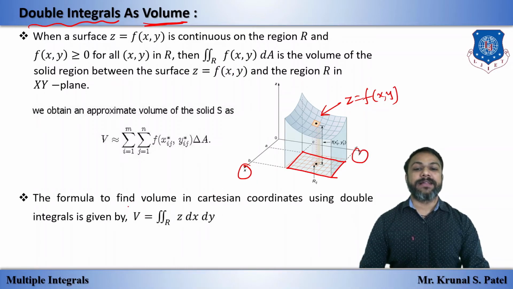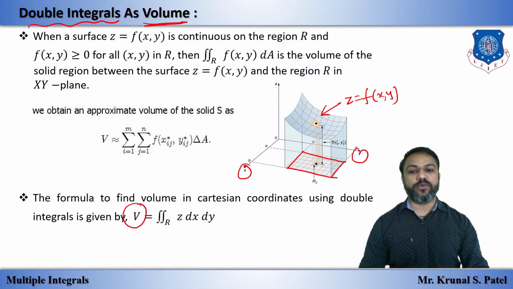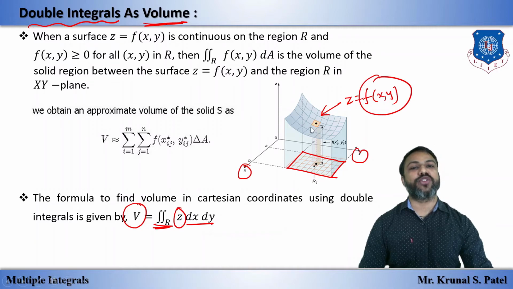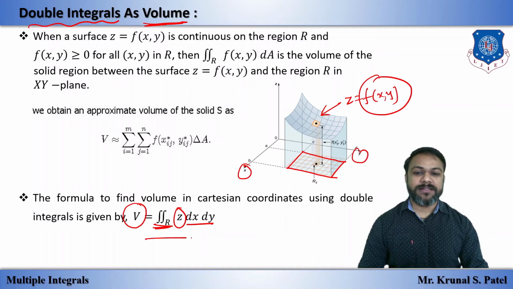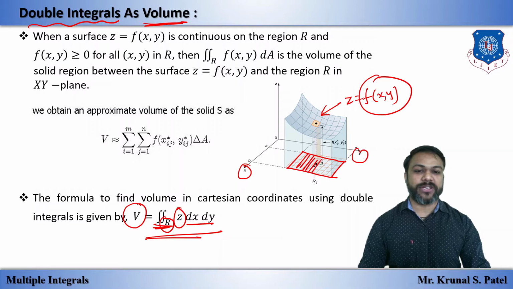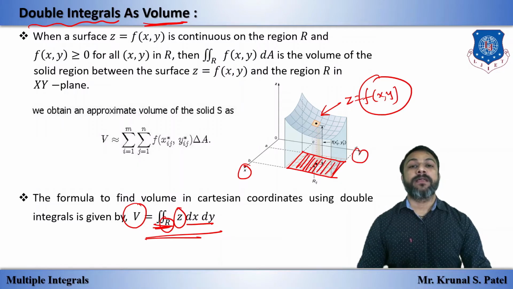So we have the volume V is equal to double integration over R of z dx dy, and z is nothing but a function of x and y. So this is our double integral, and what is the region R? Region R is this projection in the xy plane.